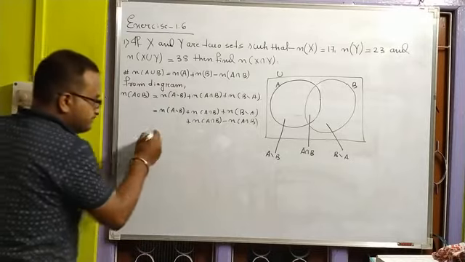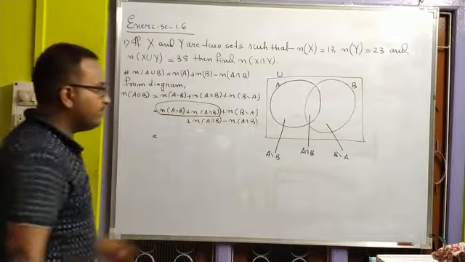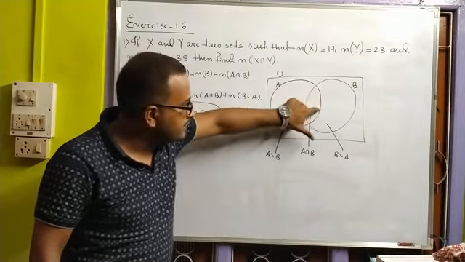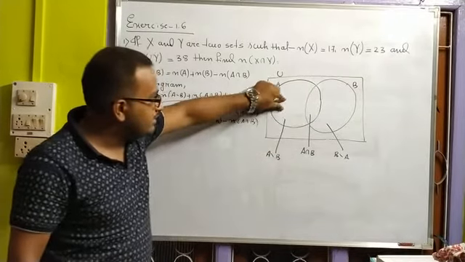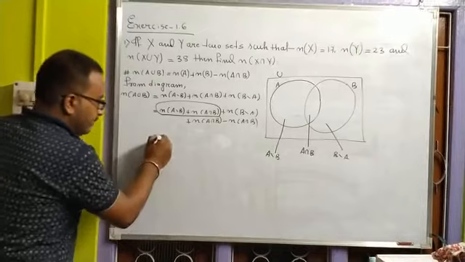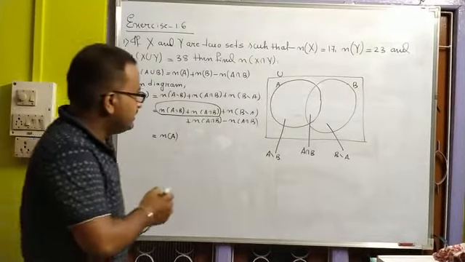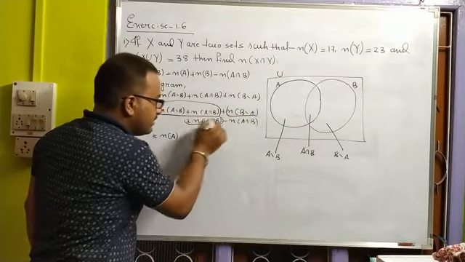Now you see, this together gives you one. Number of elements of that part plus number of elements of that part gives you number of elements of this entire set. That means this part gives you number of elements of the set A. Right? Then you see, this part with this part gives you what?